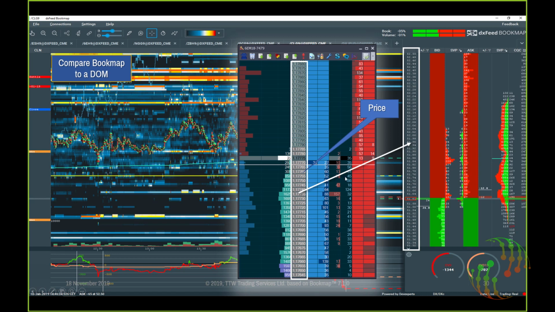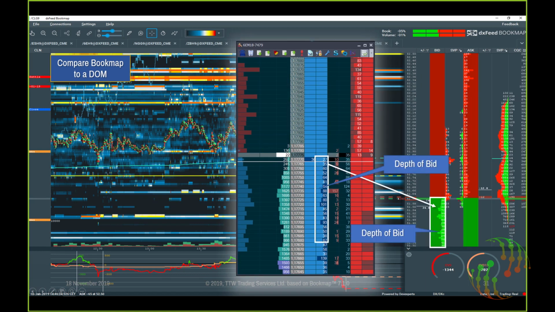Again, very briefly, if you compare both platforms, Jigsaw and Bookmap, they are equally organized, let me say this. You have the price here, you have the depth of bid and depth of ask here.